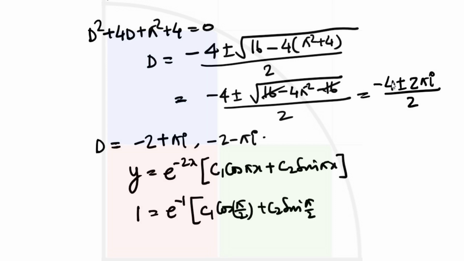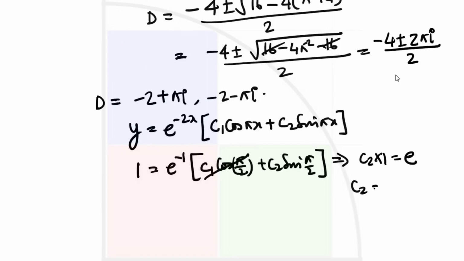When you substitute x is equal to half, the value will be like this, and cos pi/2 is 0, so this will go away, and we will be left with c2 times e to the power minus 1 is equal to 1. If we take this to the other side, it becomes c2 is equal to e.